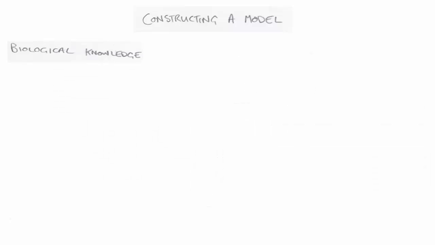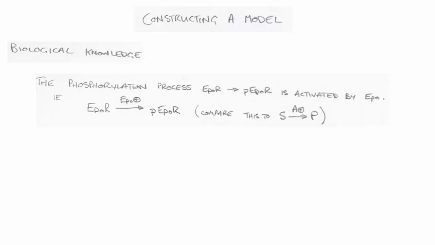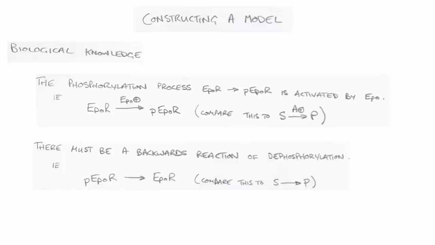What biological knowledge have we got to go with that experimental result? Well, we know that phosphorylation of the EPO receptors is activated by the presence of EPO, and we can compare that with a reaction in our toolkit, the activation reaction.